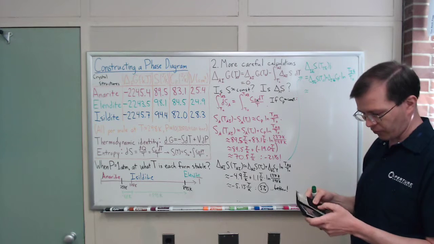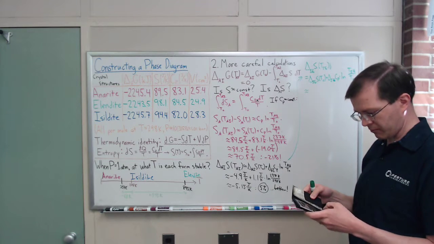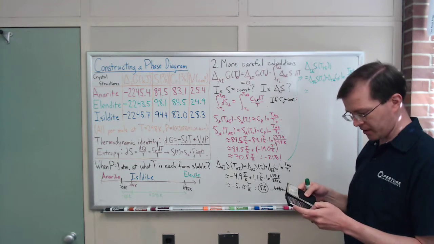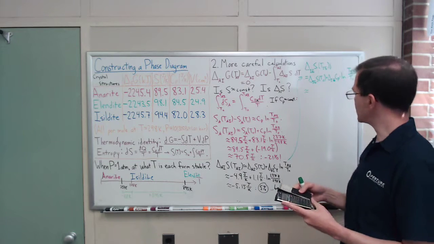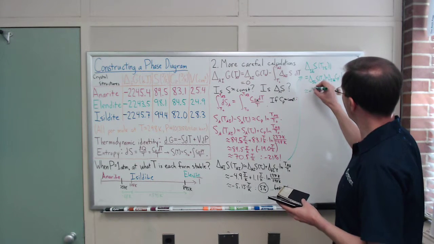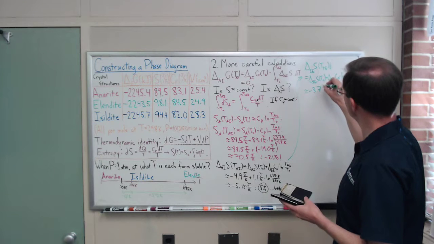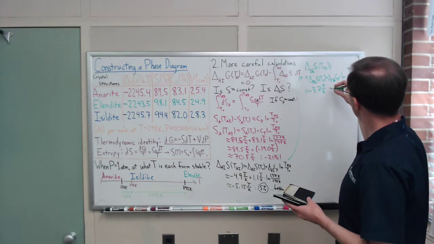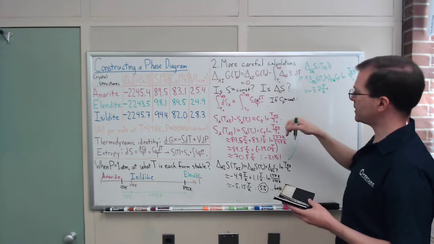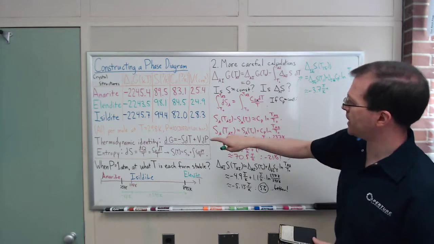So 94.4 minus 98.1 is minus 3.7 joules per Kelvin, plus my delta IE of Cp.